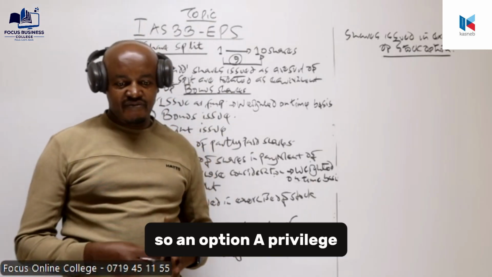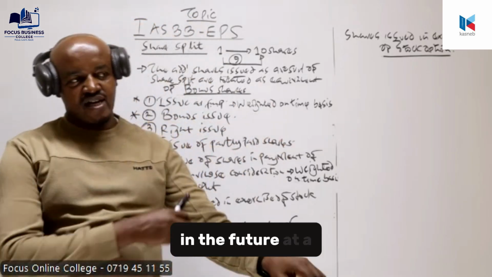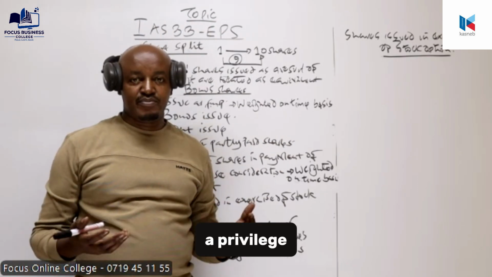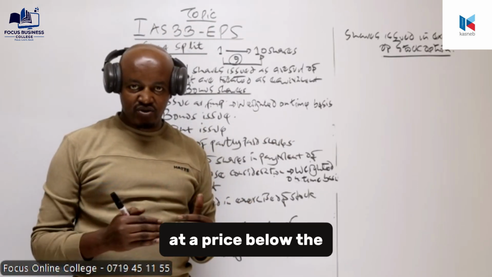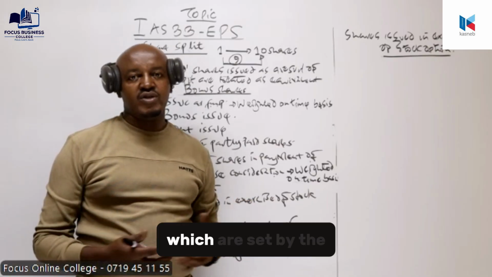In other terms, the employees will be given a privilege to buy the shares of the company at a price below the market price once they have met certain conditions which are set by the company.